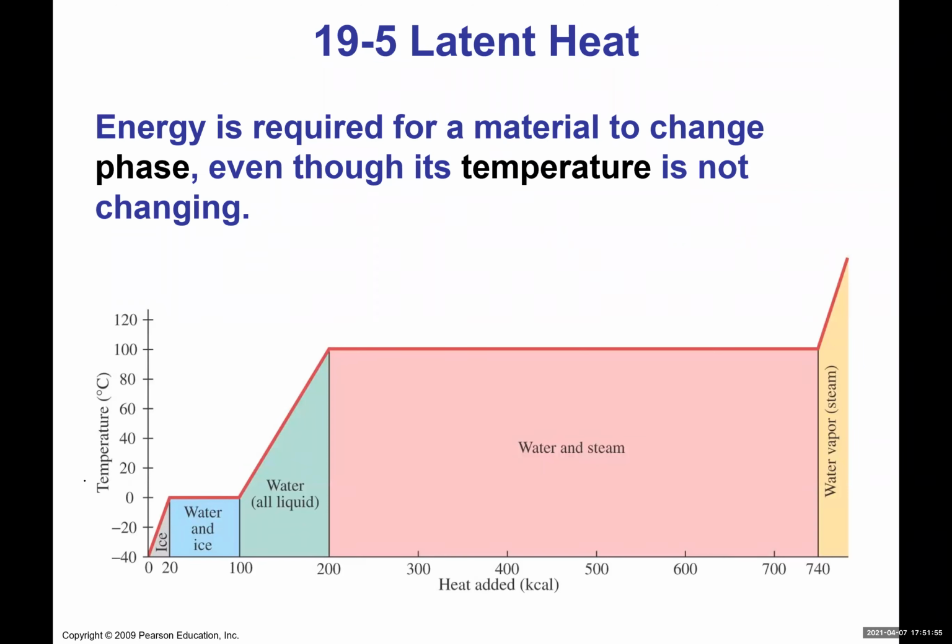All right. So this is a very useful diagram, because one of the things we have here is what happens when you add energy into the system. So let's say we have an ice cube here, which is initially at negative 40 degrees Celsius.